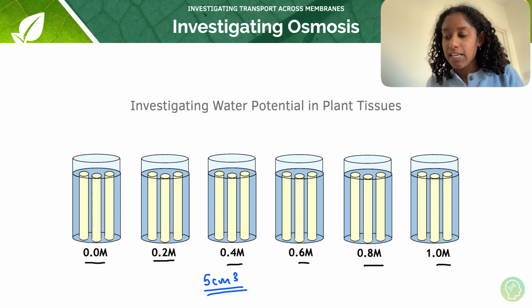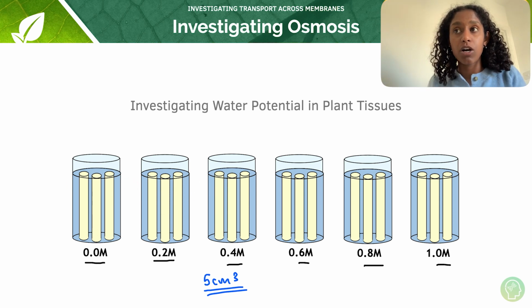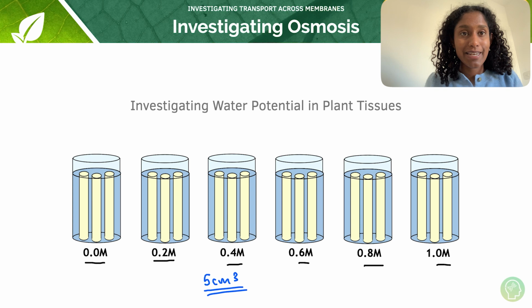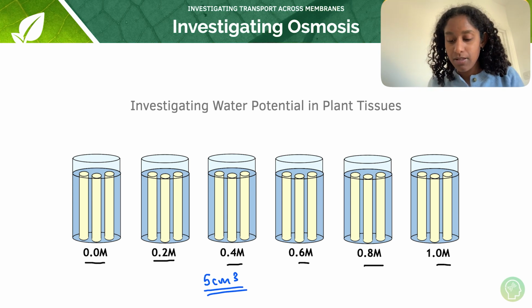And we're going to weigh each group, and write down how much our set of 3 potato chips weighs across each group. And then we're going to leave our potato chips in the solutions for a minimum of 20 minutes. So cut our potato chips, put them in, set the timer for 20 minutes, and we wait.